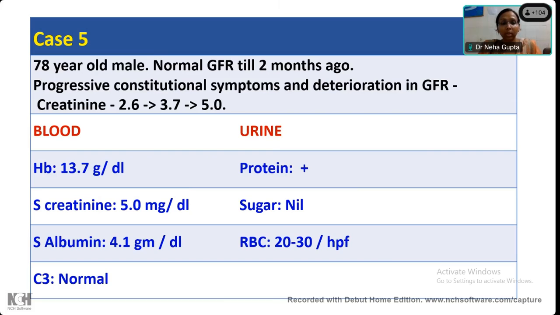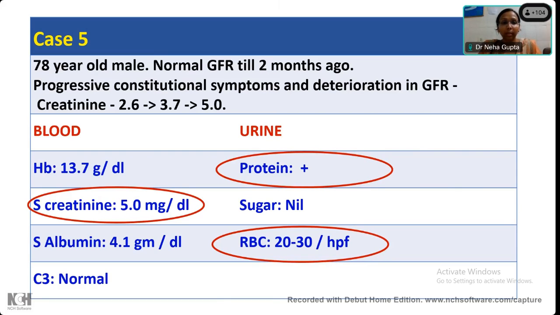So, seeing the level of creatinine rising, I suspected some tubular injury. Not much proteinuria. And the RBCs are again present. So let's go back to the history.